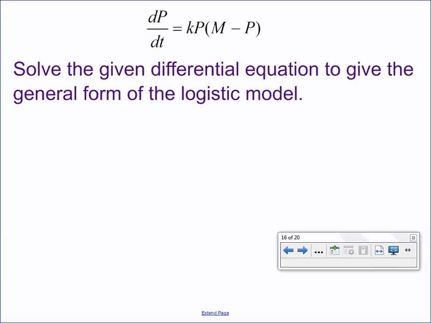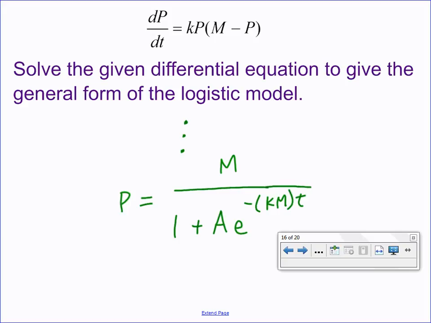So we got all the way to a generalized form. Population P then was given by what? M, my carrying capacity, over quantity 1 plus A times e to the opposite of K times M to the T, where A could be determined using a given condition, just like we saw for A in the past.